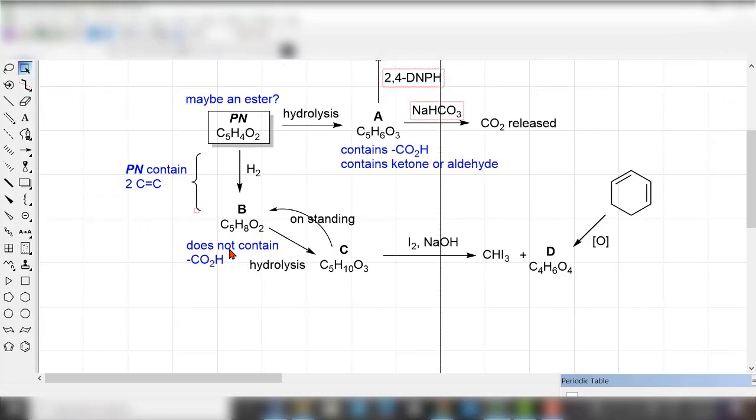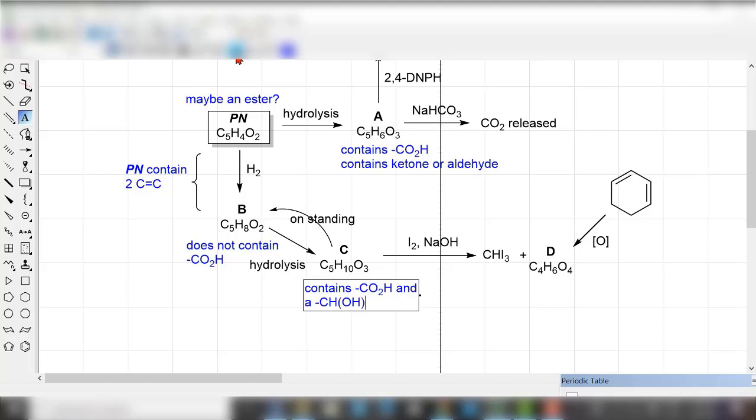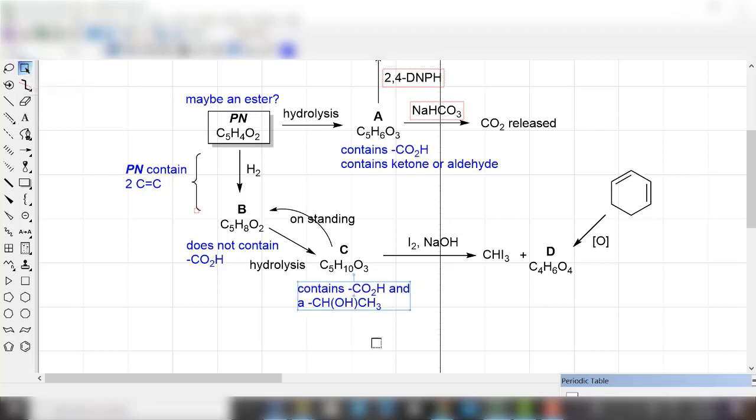Upon hydrolysis to give you this, you realize that C contains 1 degree of unsaturation, and C actually comes from B. So can I then say that in this case, C contains a carboxylic acid and a group we call a methyl alcohol, but we avoid using this term sometimes, so we just put it like this: the structural feature CH(OH)CH3.